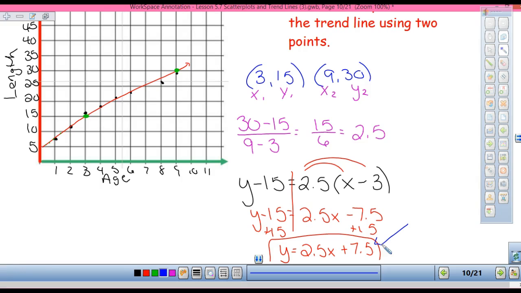So basically, when my panda is born, on average, he's going to be how long? 7.5 inches. And then that 2.5 is my slope. What does that mean? Yeah, it means this is my rate of change. This means that each year, on average, he's growing about 2.5 inches every year. Does that make sense?